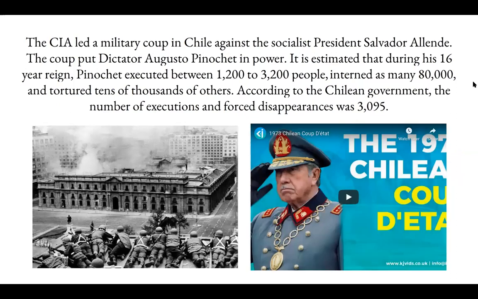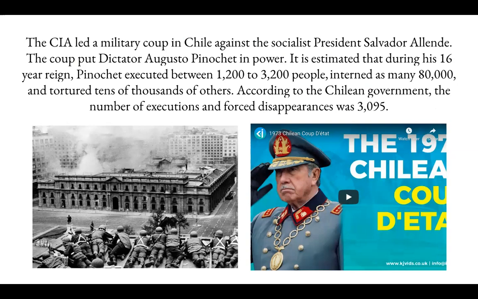And finally, our last topic for this video: in September of 1973, we see a major coup occur in Chile. The CIA led a military coup against a socialist president, a man named Salvador Allende. This coup put a dictator in place, but he was a pro-democratic dictator.